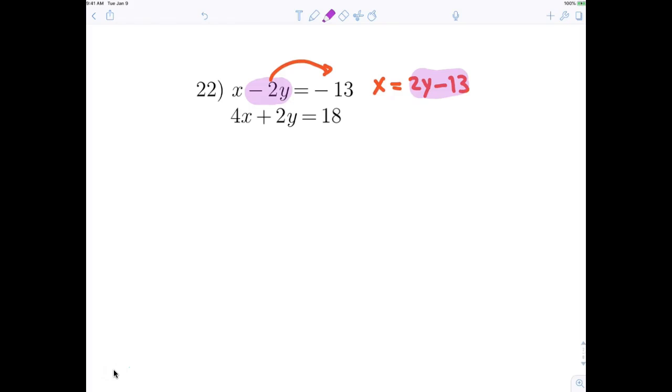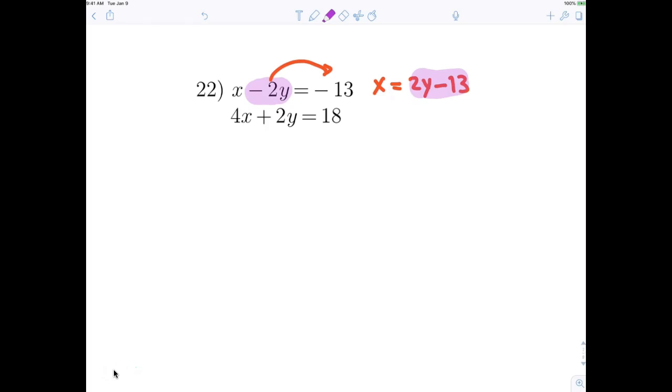Wherever you see an x, put 2y minus 13, and that should be the answer for you.